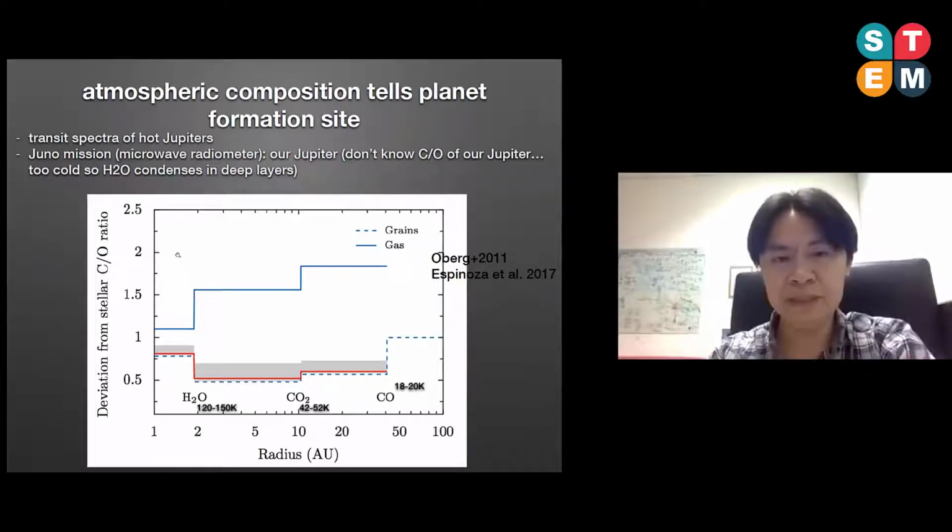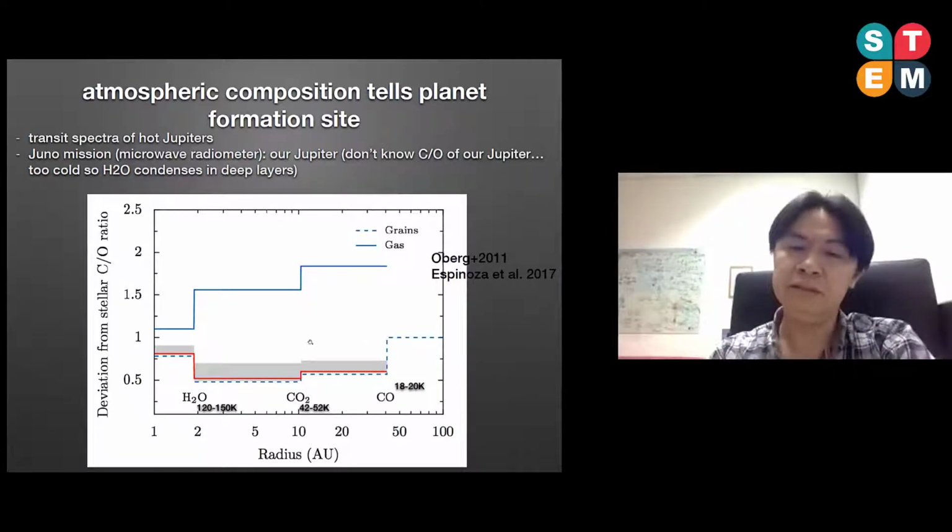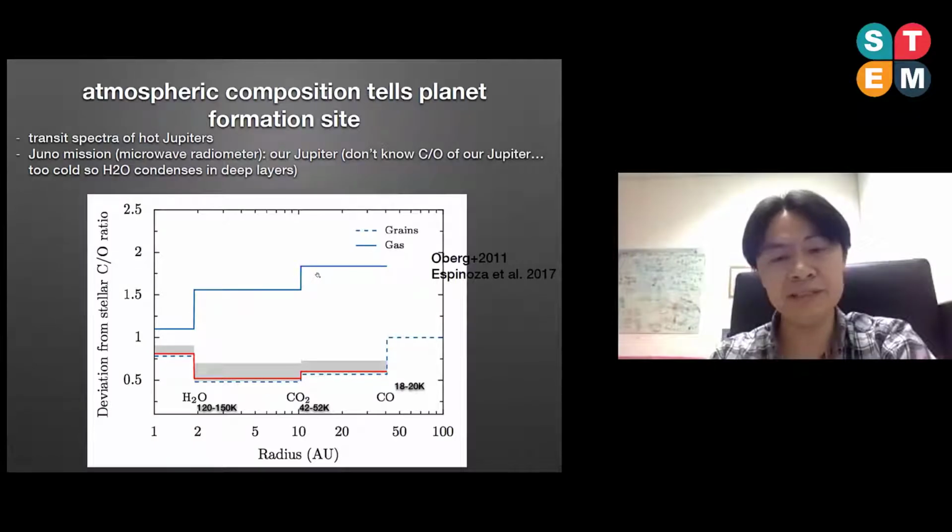This figure shows the C/O ratio in the protoplanetary disk, in the gas phase or in the dust phase, as a function of the distance from the central star. Because carbon and oxygen have different condensation temperatures throughout the disk, that will give different C/O ratios at different locations, shown by this blue curve.